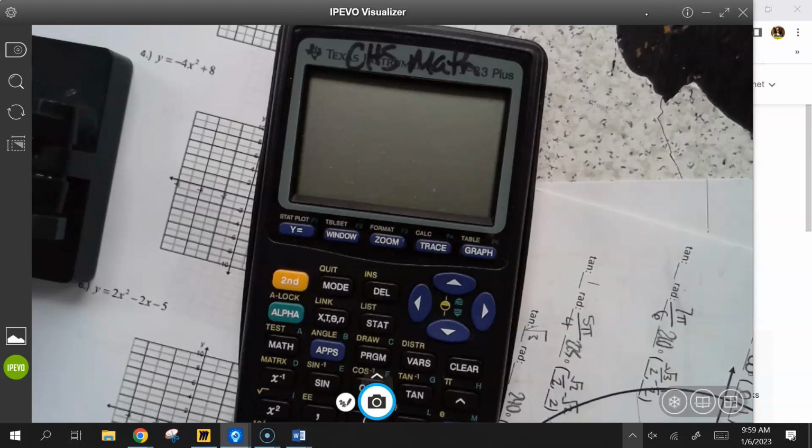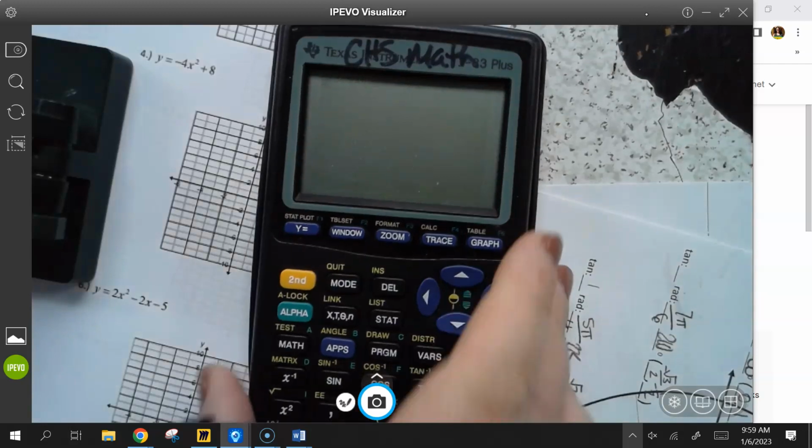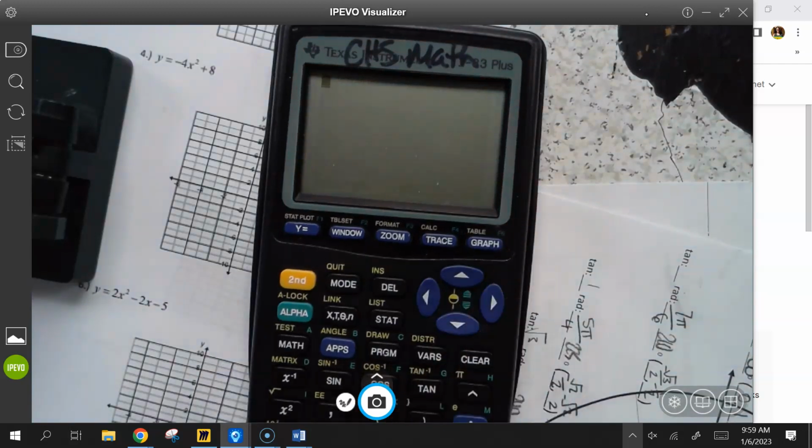How do I put a fraction in my calculator? Parentheses, always parentheses. If I want to put a half in, I'm going to do a parentheses, 1 divided by 2, and then close the parentheses. That's a half, right?